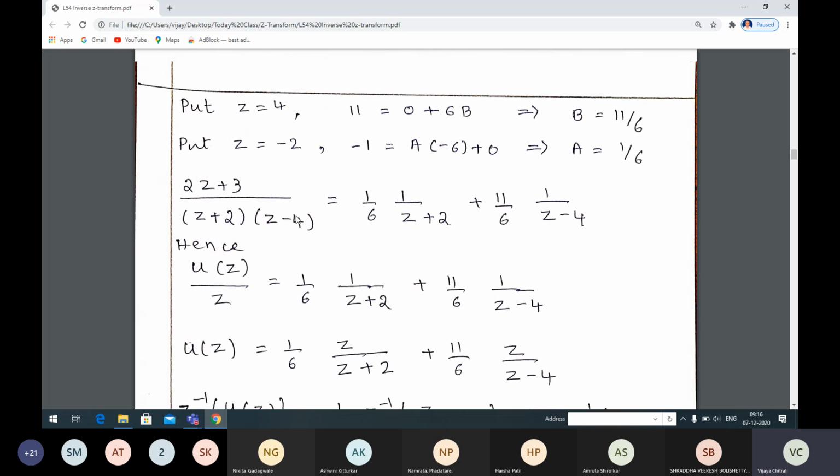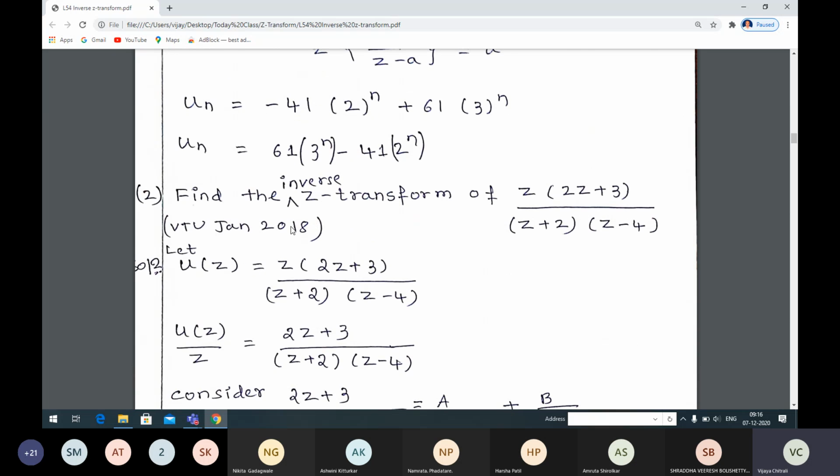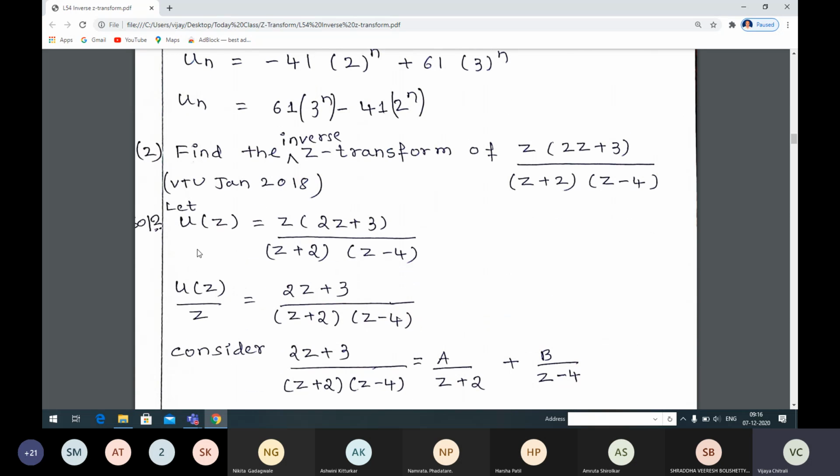Once again I'll explain here. This is u of z, given data. So first bring this into standard form. We want u of z divided by z in this form. So take this z to this side, numerator comes this side, denominator.